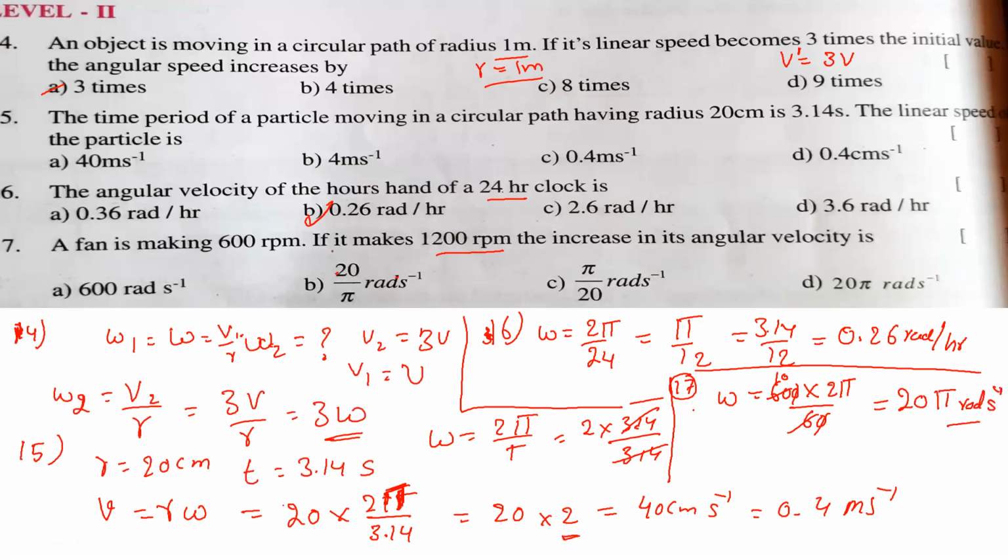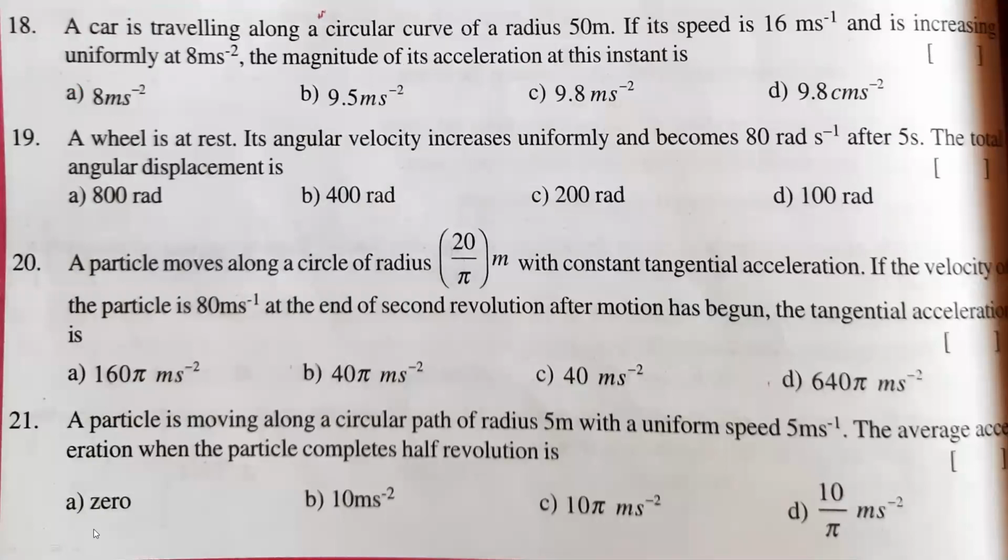Understood, children? They're asking for the increase in angular velocity. The increase in angular velocity is given by 1200 minus 600, which gives 600 revolutions per minute, which again becomes 20 pi radian per second. So this is the answer, Option D. Clear, children? Yes. Next one.